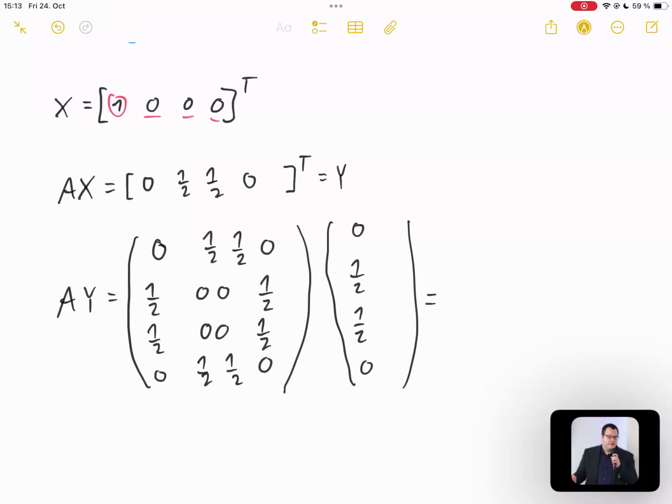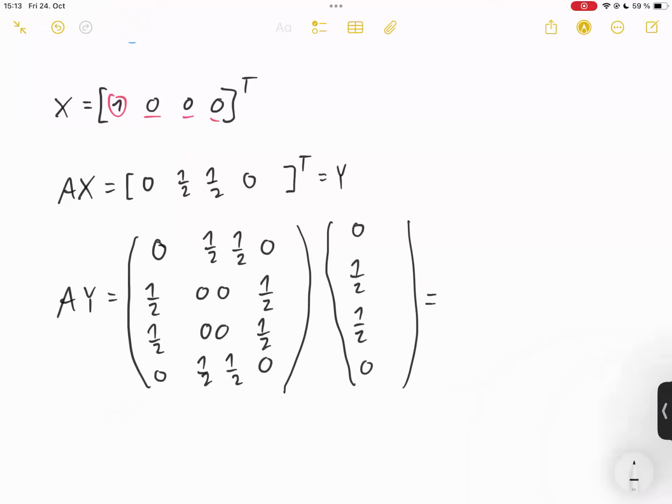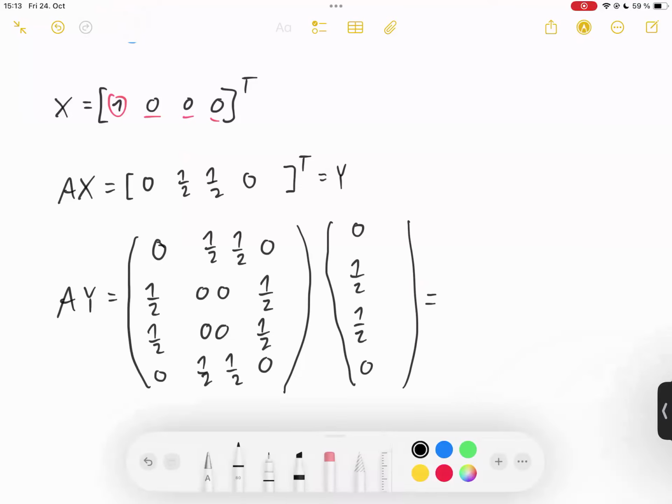And I want you to multiply now Y from the right with A and tell us what your result would be. And if you have a suggestion for these entries of the result, tell us.